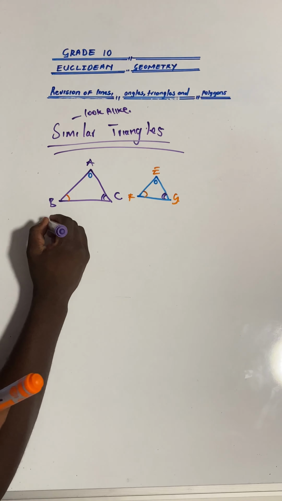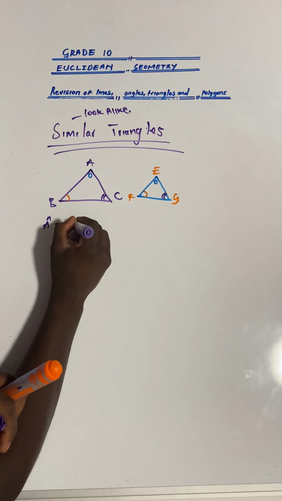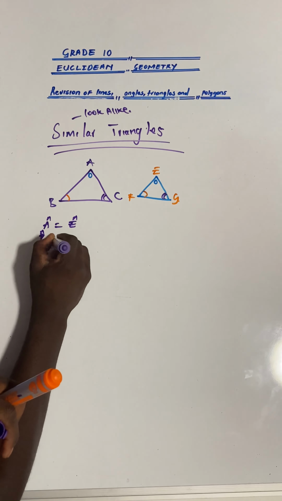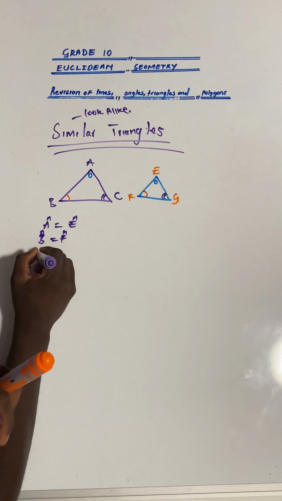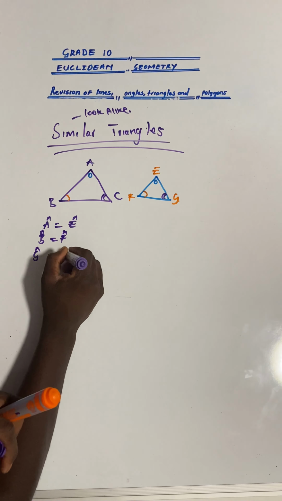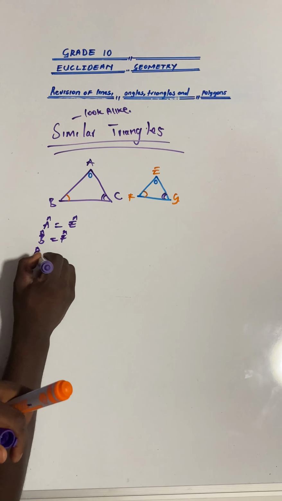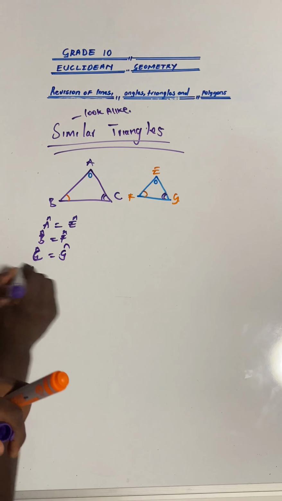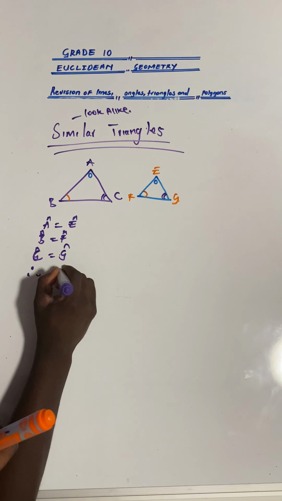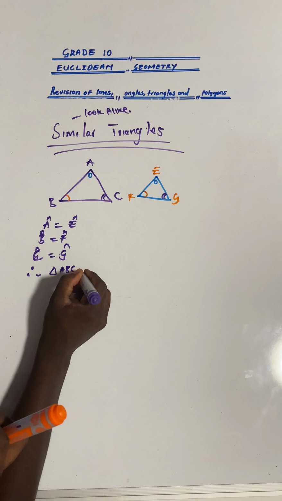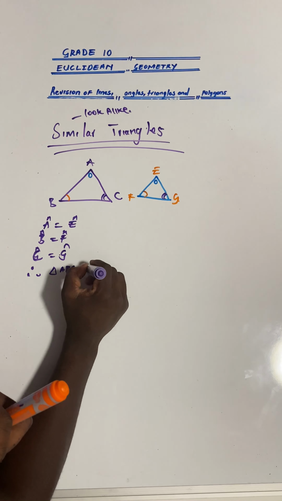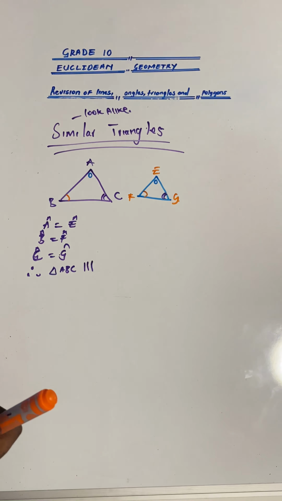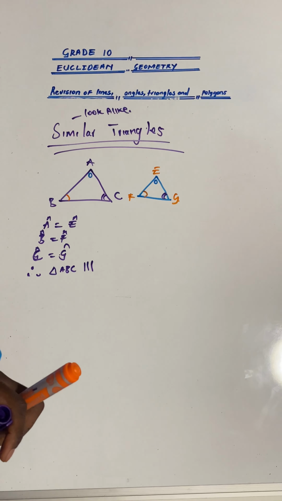So if we have angle A equal to angle E, angle B equal to angle F, and angle C equal to angle G, right? Then we can say that triangle ABC is similar to triangle EFG. Similar is written with the vertical 3 lines, right?